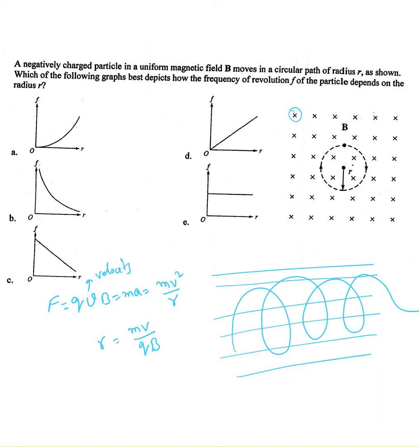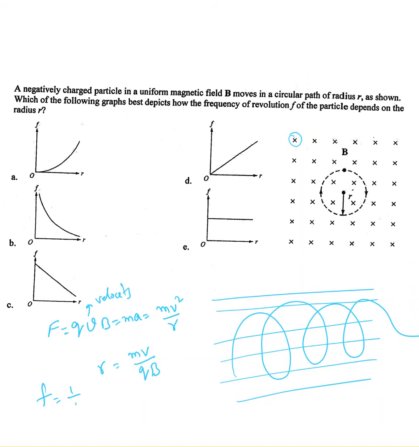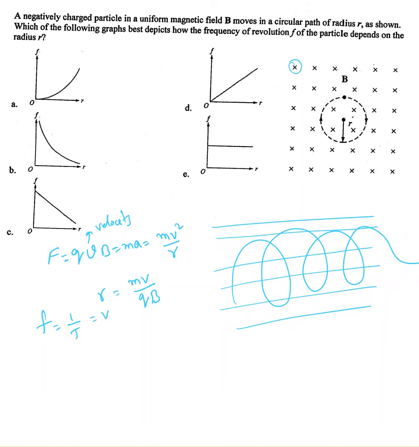But here he's asking about the frequency. Frequency is nothing but 1 over time period. Can I write this as v over 2 pi r? Velocity equals distance over time, so time is distance over velocity. Frequency is 1 over time, so velocity over distance.